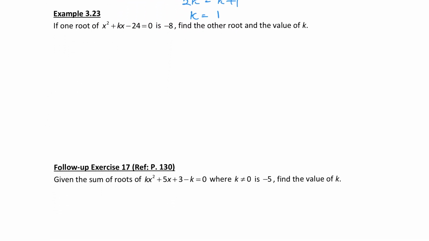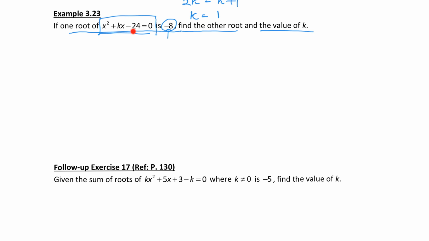How about example 3.23? Let's see. If one of the roots is negative 8, find the other root and the value of k. What can we do? Let's observe the quadratic equation. I know the sum of roots is equal to negative k over 1.